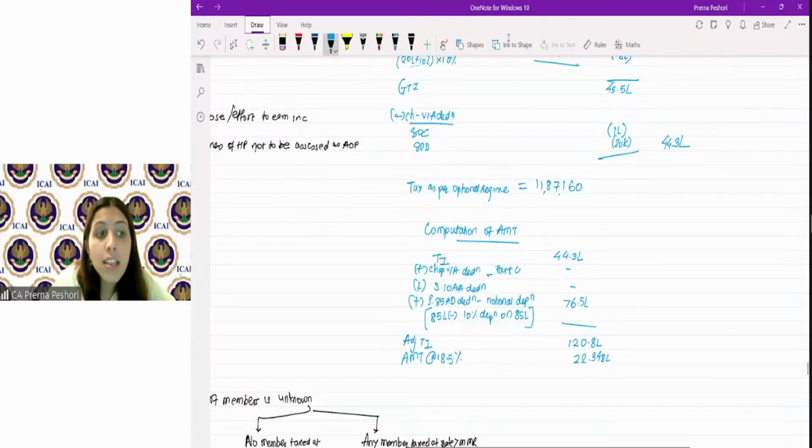Now in the AMT, my adjusted total income is more than 1 crore, which is 1 crore 20 lakh 80,000. So I will also have the applicability of surcharge.